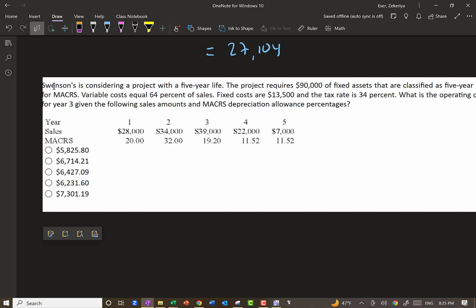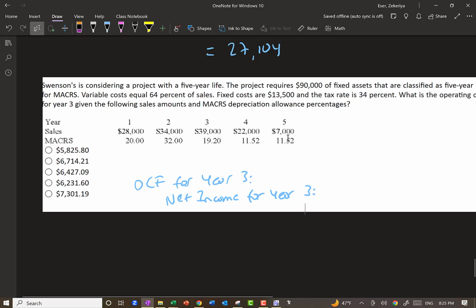We need the operating cash flow for year 3, okay? Which means we need net income for year 3.